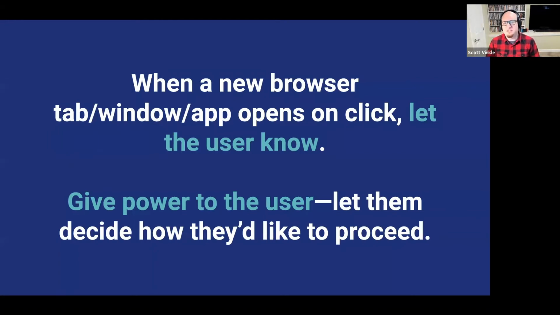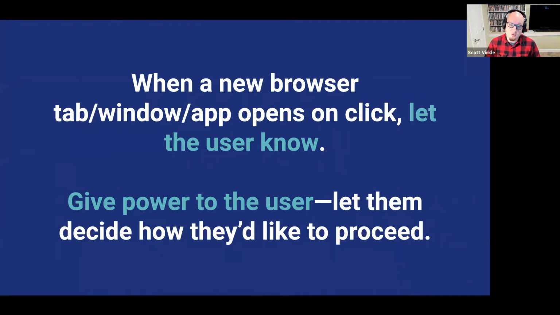And this scenario is actually quite common on the web. So the idea is if a link opens a new browser tab or window, or if the app control takes the user out of the current app, it's actually best practice to inform the user of this end result. So why is this important? Without this context, people might believe they're following an internal site or app link, which loads in the same browser window or app.